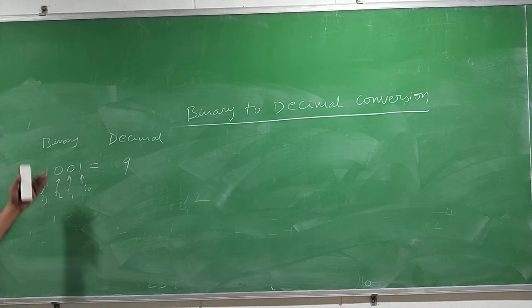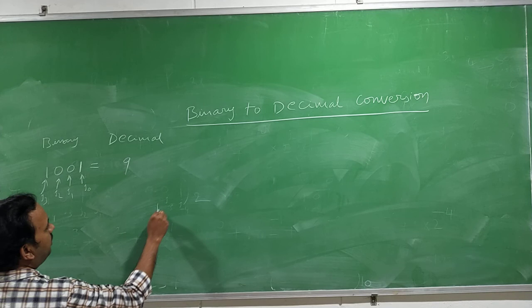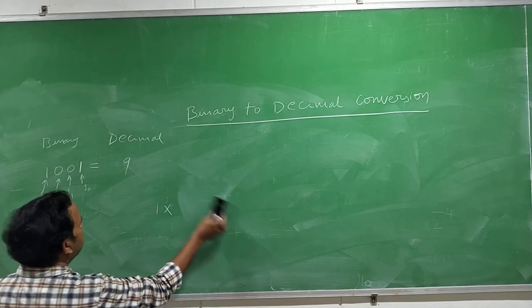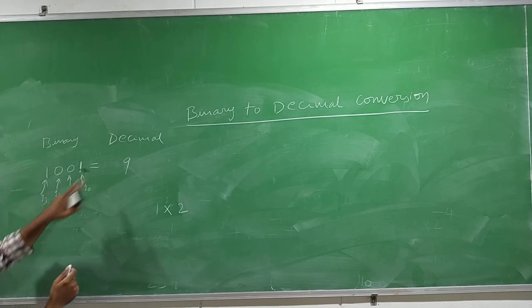Now you express this in the generalized formula. I am starting from here. 1 into 2, because I am in the binary number system, so here I am writing 2.